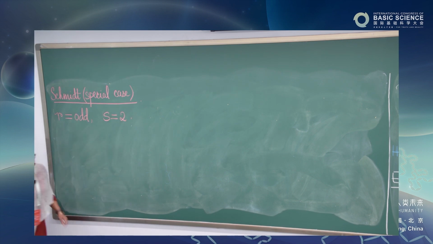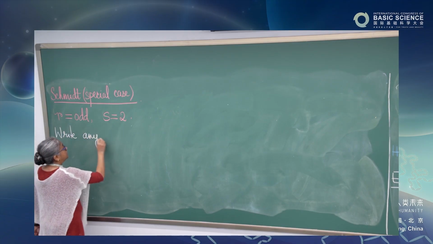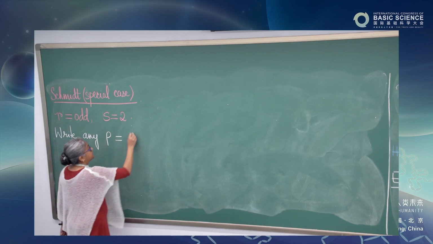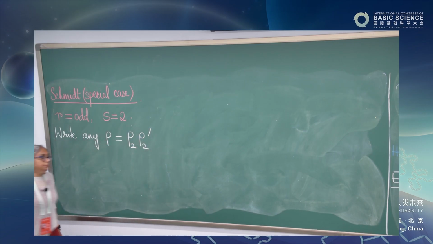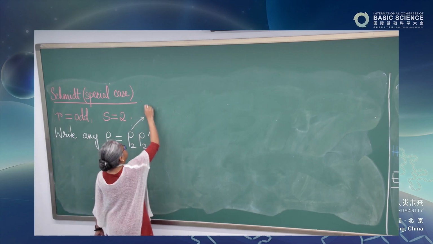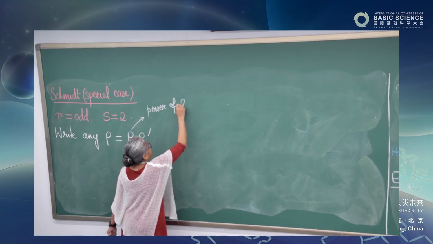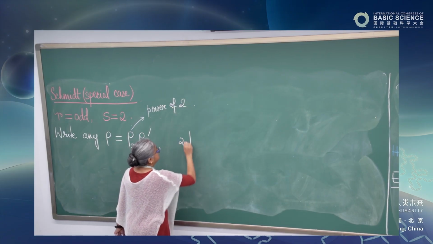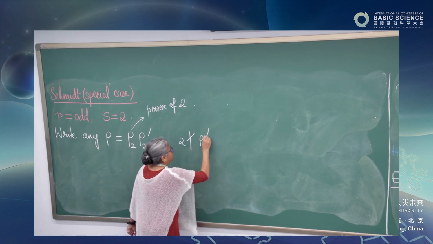Okay. So what we want to do is take any integer rho as rho sub 2 and rho times rho sub 2 prime. Rho sub 2 is the power of 2, so it's the highest power of 2 that rho will admit, and 2 does not divide rho 2 prime.